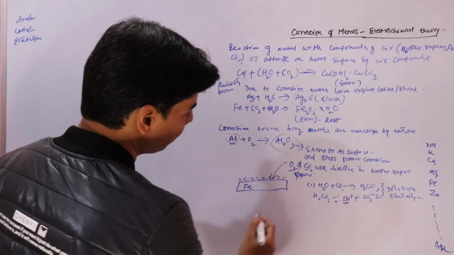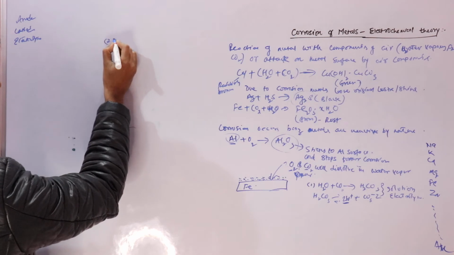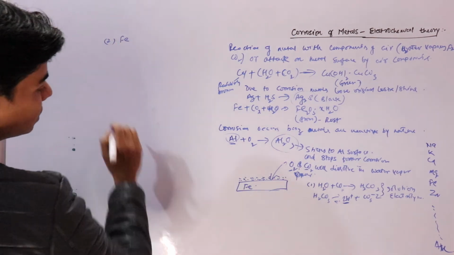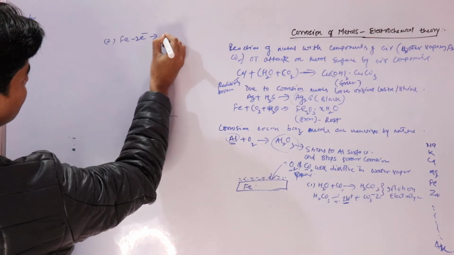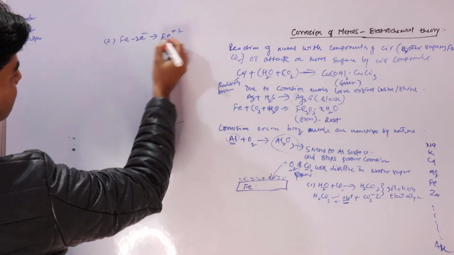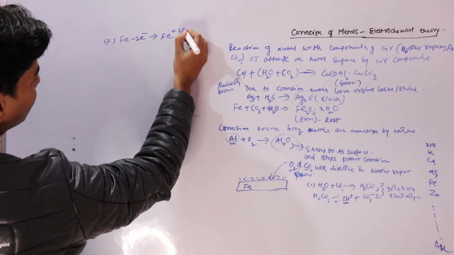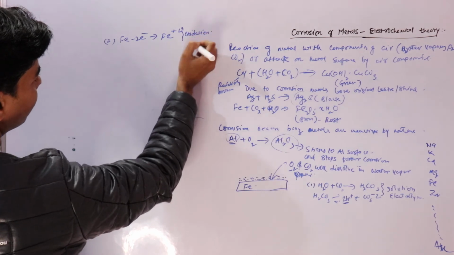So iron, here we'll take the second reaction. So iron in presence of dissolved oxygen and hydrogen ions will lose 2 electrons to form ferrous ions, right? This reaction is your oxidation reaction, right?